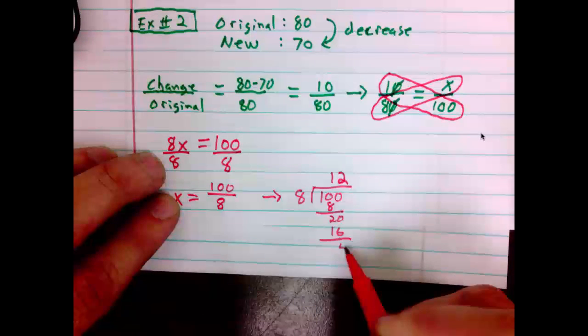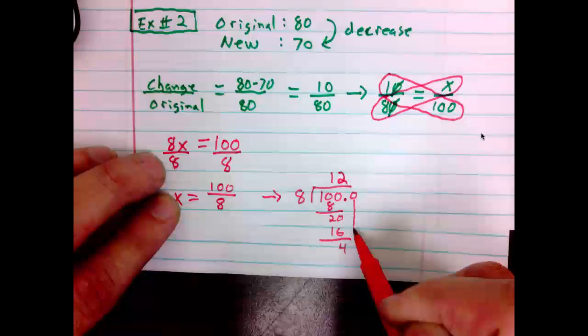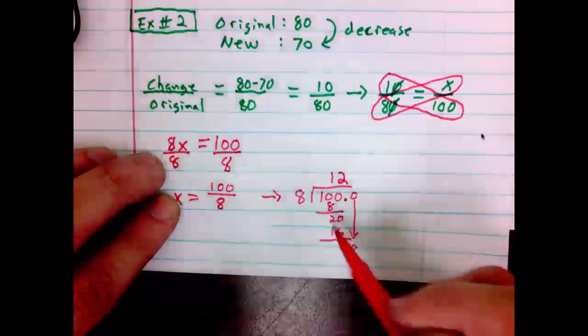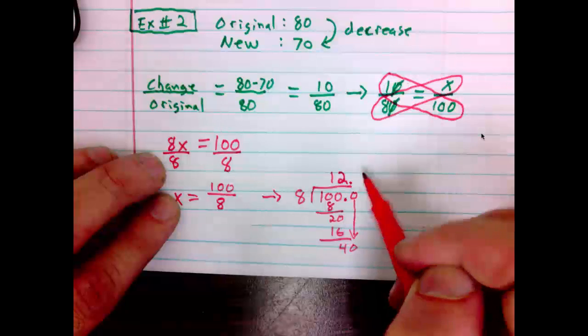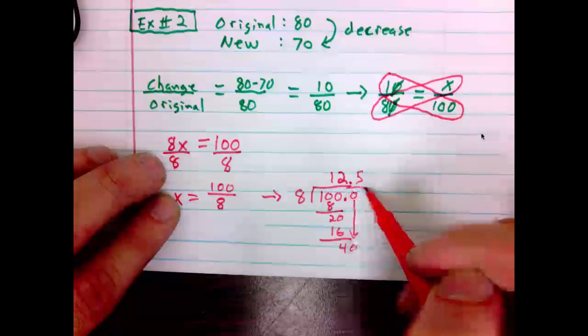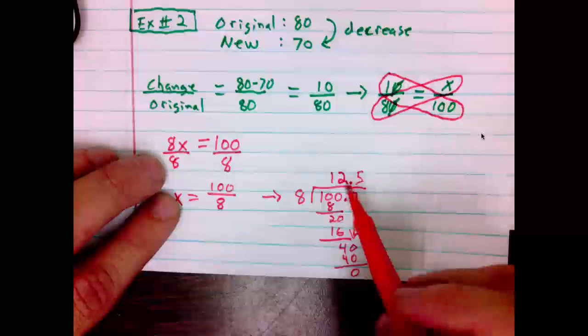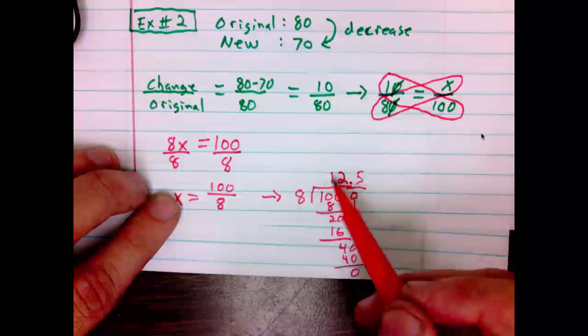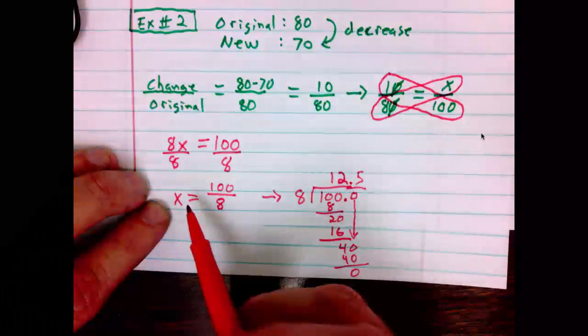Subtract, I get 4. Introduce a decimal here. Now we have a 0 here. Bringing down this 0, 40. 8 into 40 5 times. Since there's a decimal here, we will have the decimal right above. 5 times 8 is 40. We get 0. So we see that our answer is 12.5. x in this case is 12.5.